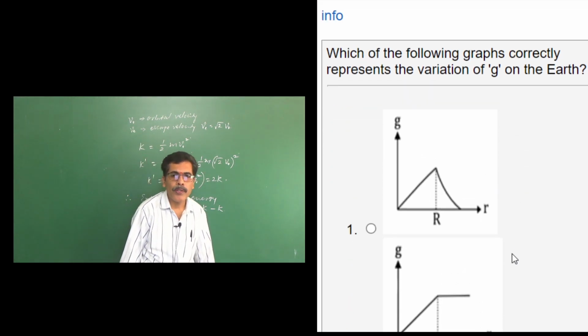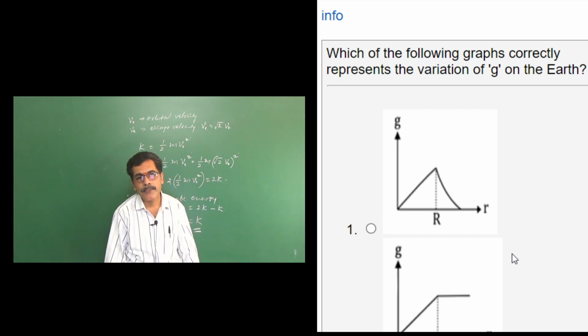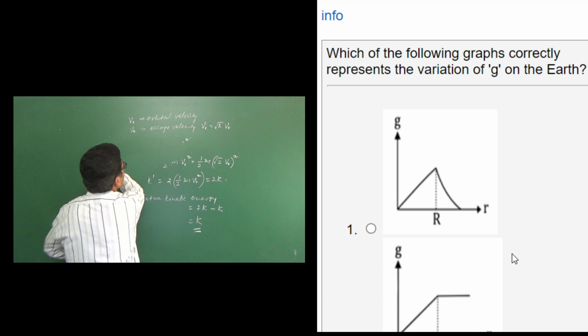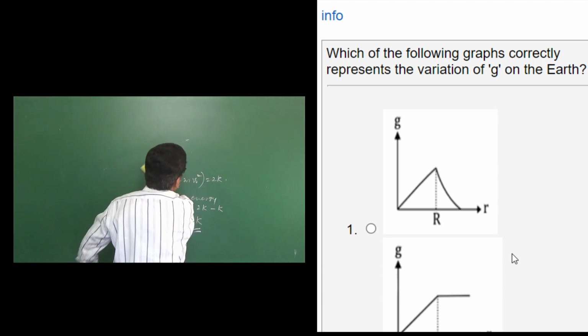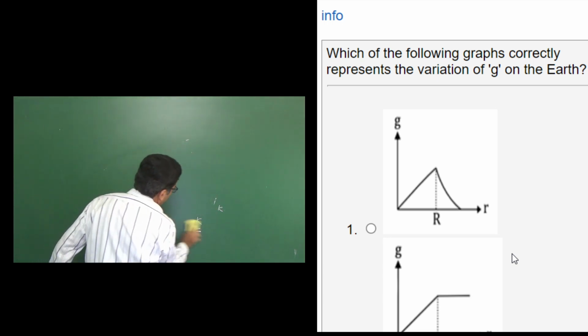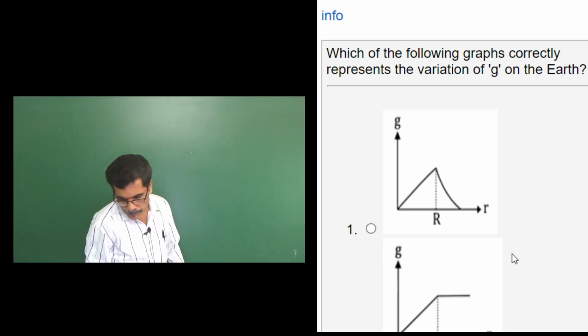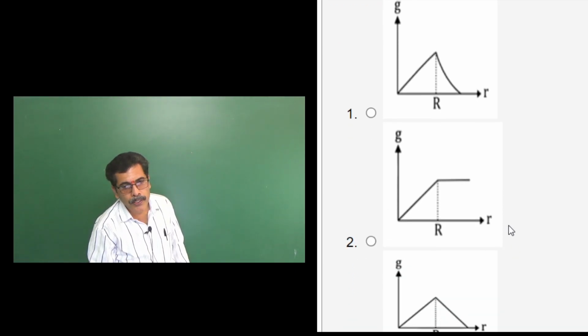Which of the following graphs correctly represents variation of g on the earth? There are 4 graphs given.